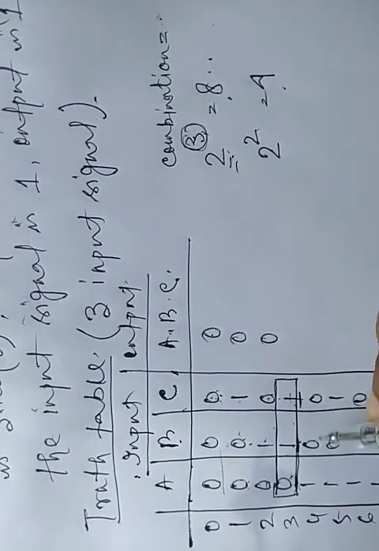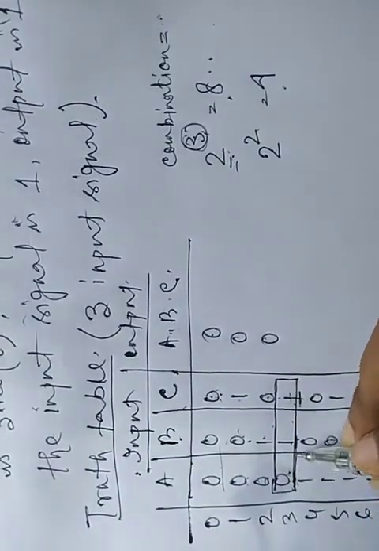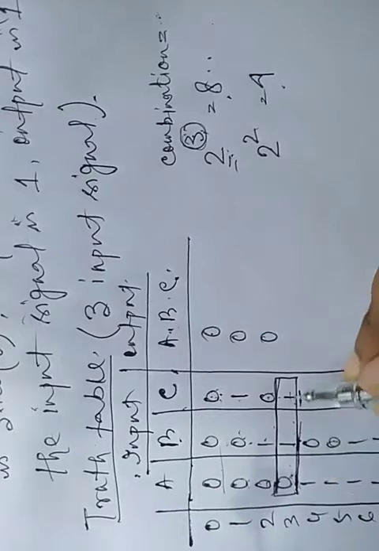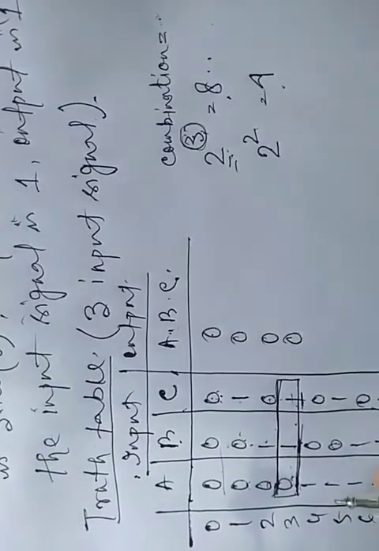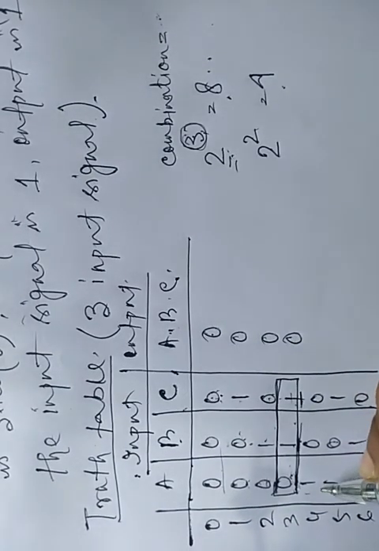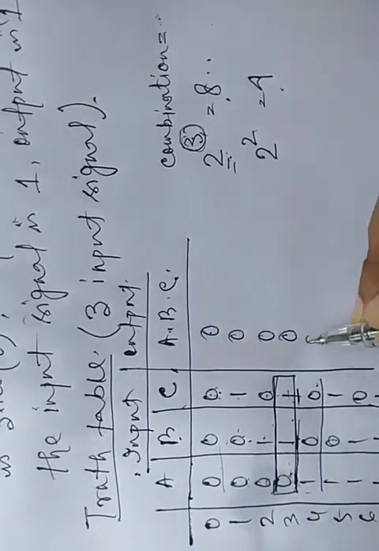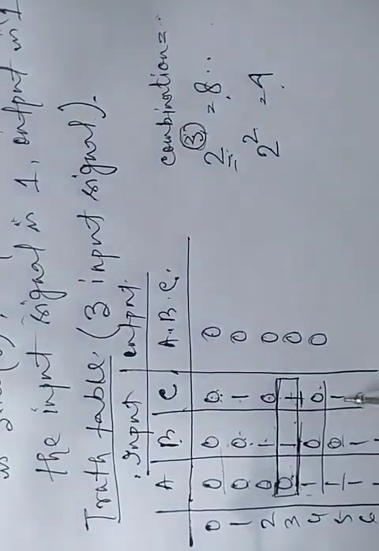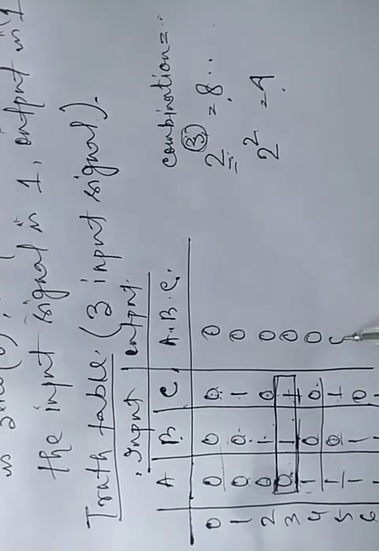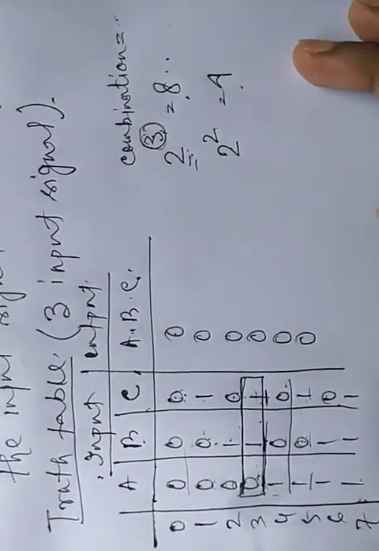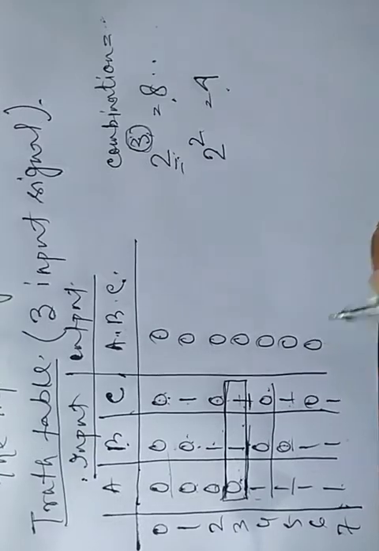Don't compare this with the other values. We have to compare it with the same line. So here 1 0 is there, so it is 0. Here also you have to consider these three values. Here 1 0 is there, so this is 0. Here also three values, so this is 0. Here also 1 0 is there, so it is 0.